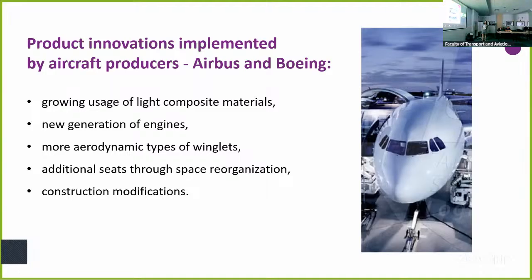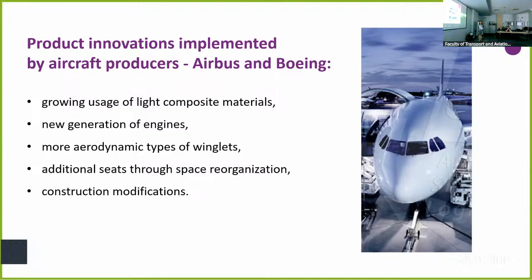Yes, and what are the product innovations implemented by aircraft producers? Such as growing usage of light composite materials. So of course, the constructions are lighter and do not need the old engines anymore. So new engines are created, a new generation of engines designed with more aerodynamic shape and more aerodynamic types of winglets, for instance, and additional seats through space reorganization.